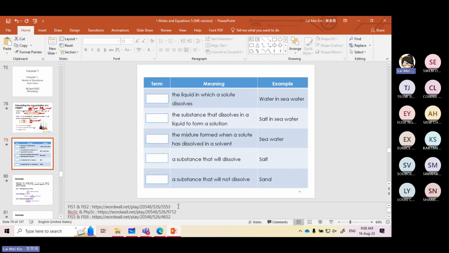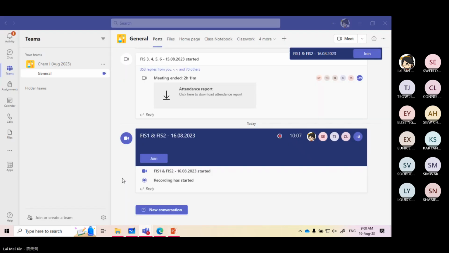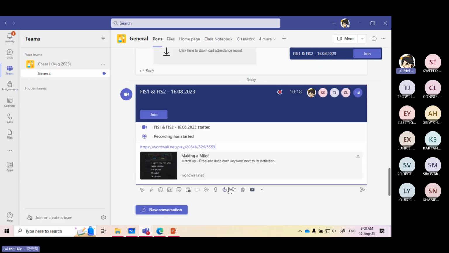Not asking you to move, but to use your brain a bit. I'm going to post the link here in the meeting, in Microsoft Teams. The instruction is you click on the link, and you will be prompted to put in your name.